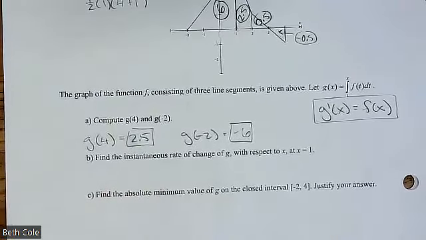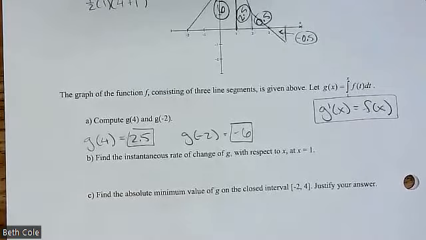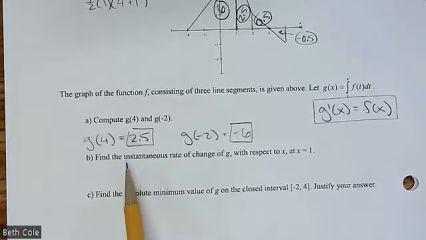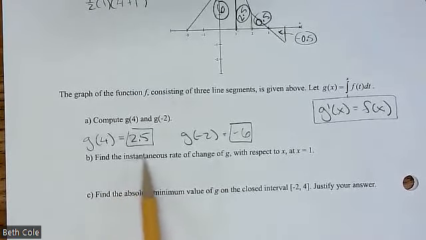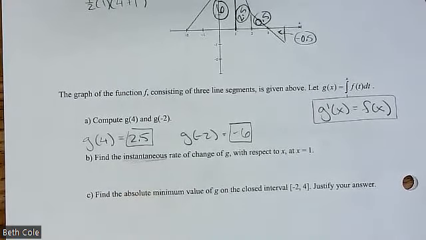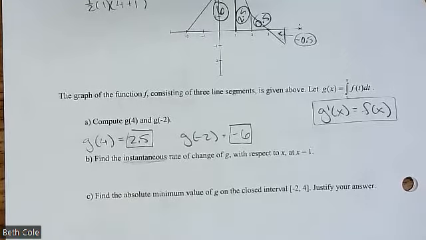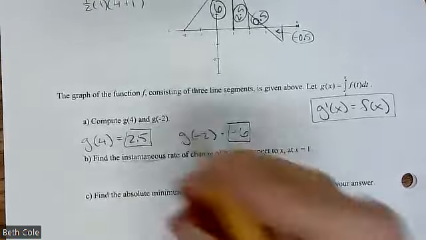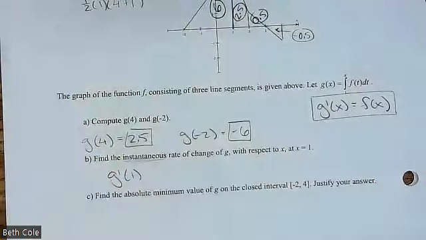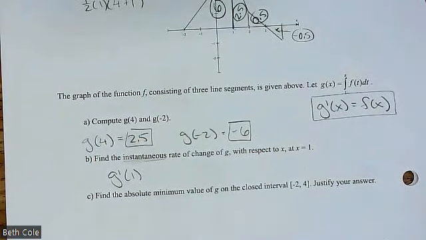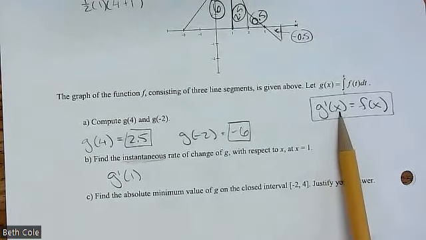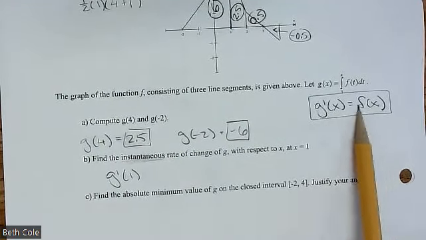Find the instantaneous rate of change. What on earth does that mean? Slope. Oh, no, not slope. I'm sorry, I said that a little quickly. Average rate of change is slope. Instantaneous, derivative. Good. Okay, we want the derivative of g at 1. So what they're asking for is g prime of 1. We said that g prime is f of x.